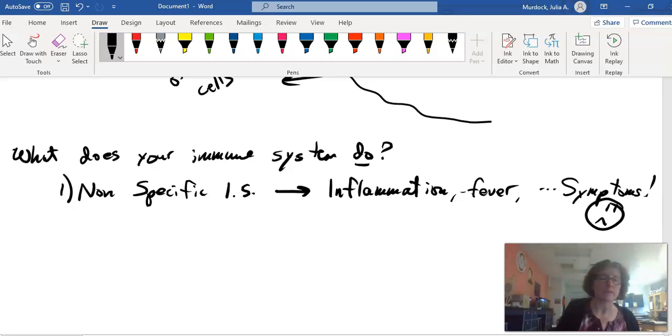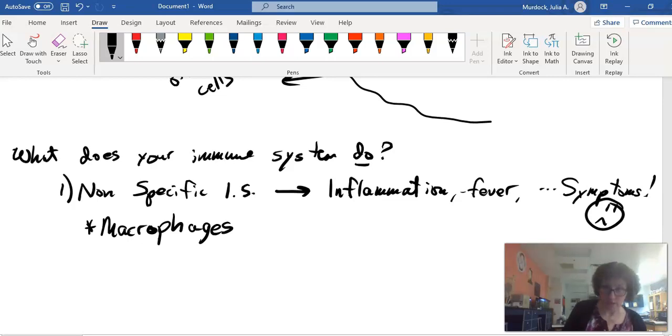One part of the nonspecific immune system that students get really confused about is something called a macrophage. In the midst of all this inflammation and fire trucks bringing all kinds of things to the table, you have macrophages that are a part of this system.